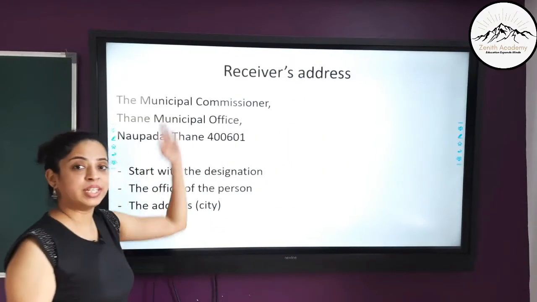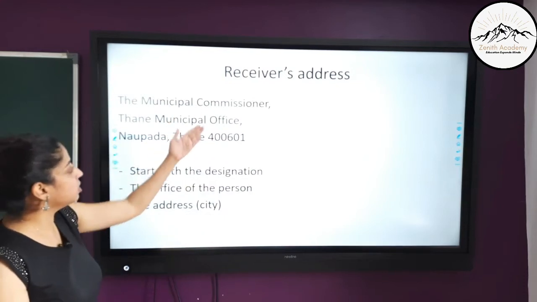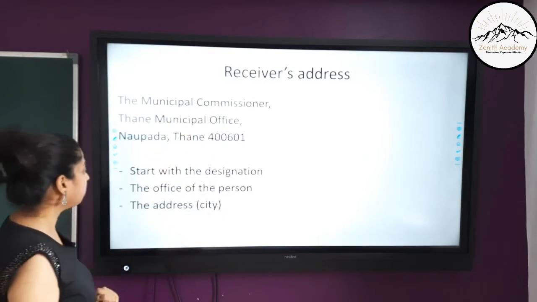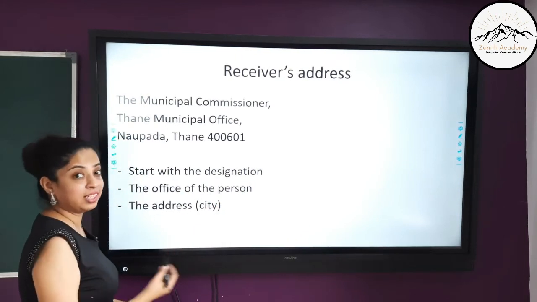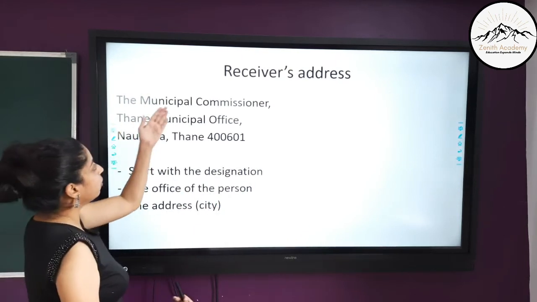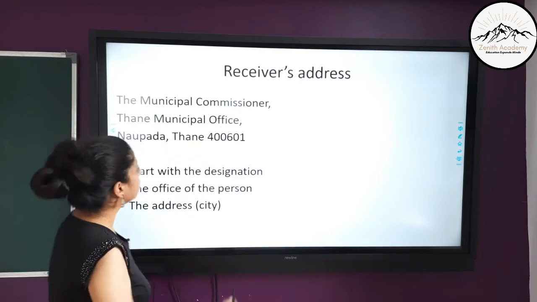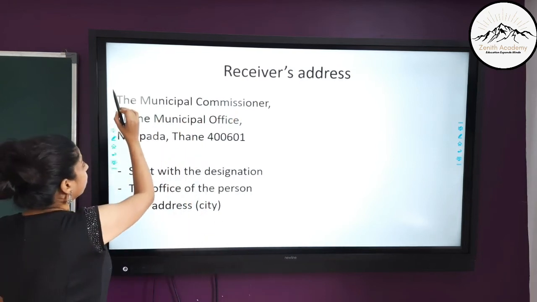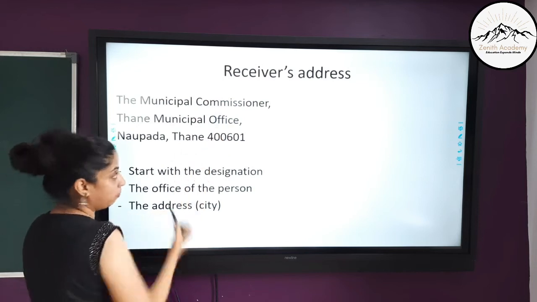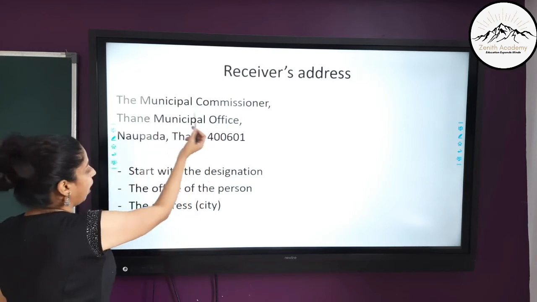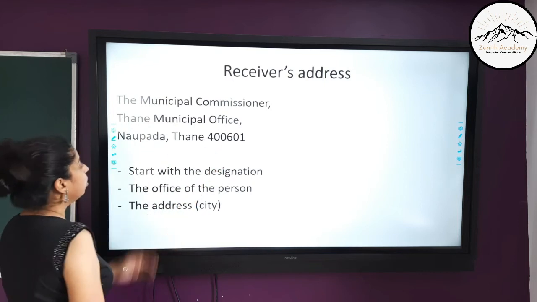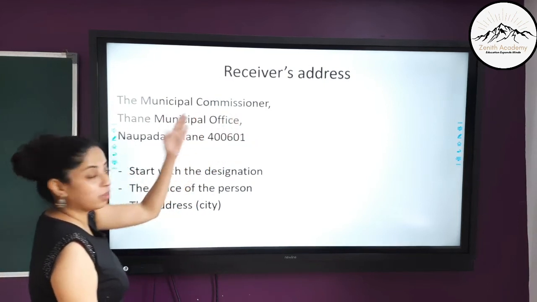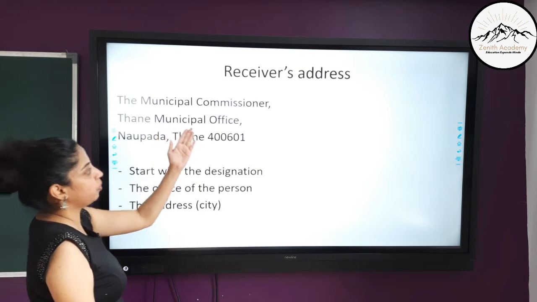Next, coming to the receiver's address. This also should be 3 lines. You should always start with the designation of the person you are writing the formal letter to. Here you are writing to the municipal commissioner, so you will write the municipal commissioner, and it has to be in capitals. The office of the person goes in the second line: Thane Municipal Office.